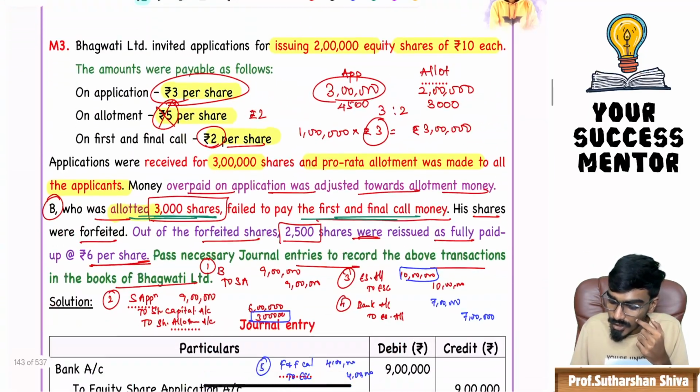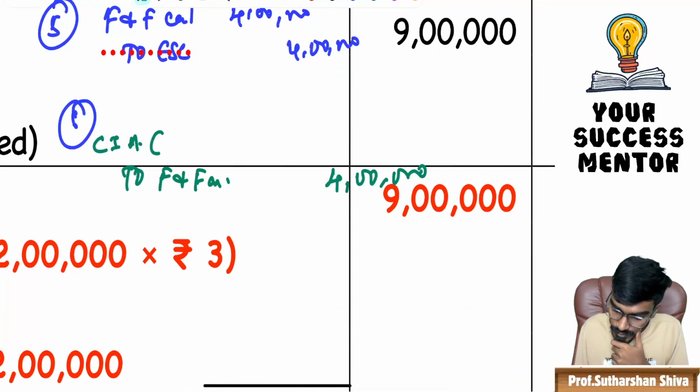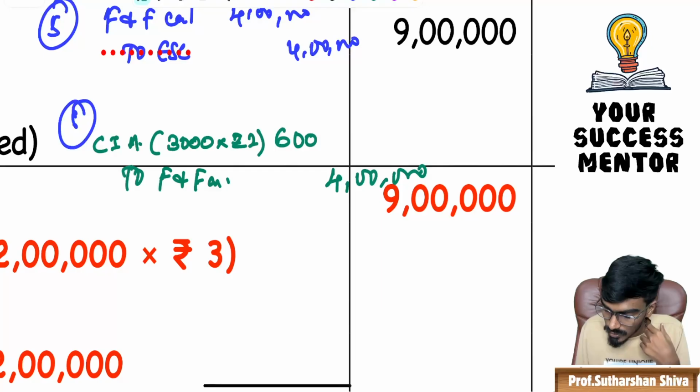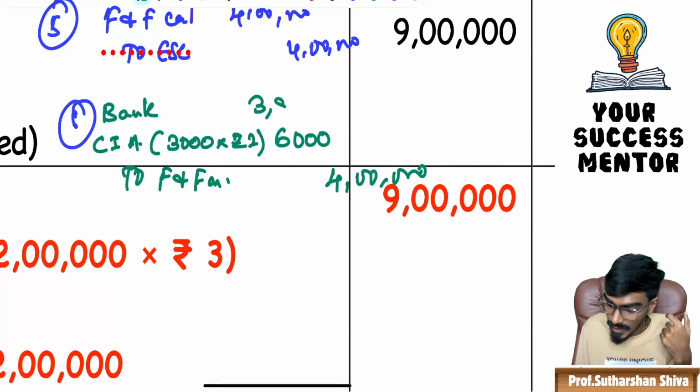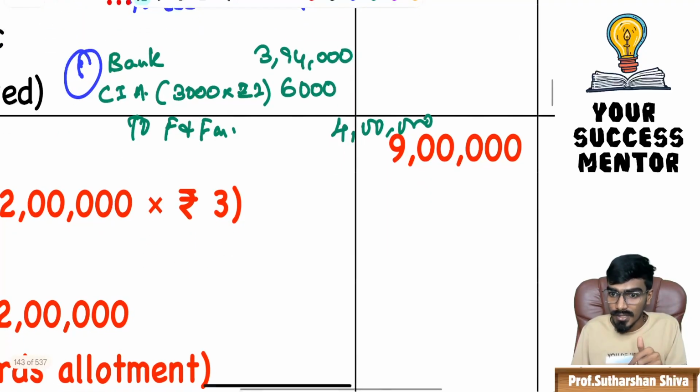For 3,000 how much do you need to pay? 2 rupees. Correct? Yes, sir. 3,000 into 2 rupee will bring you 6,000. Then bank is 3,94,000. Now hereafter forfeiture is happening.